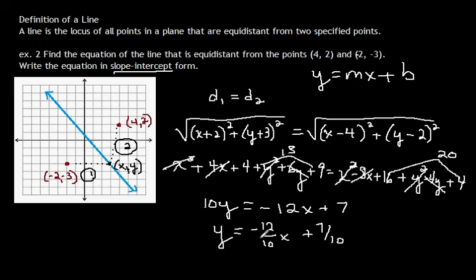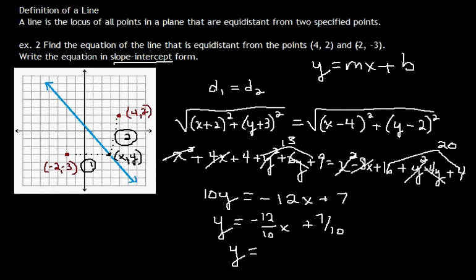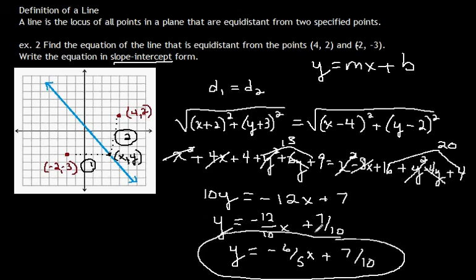And of course you can't leave it like that, so 2 goes into both of these, so it's y equals negative 6 fifths x plus 7 tenths. And that's in simplified form.